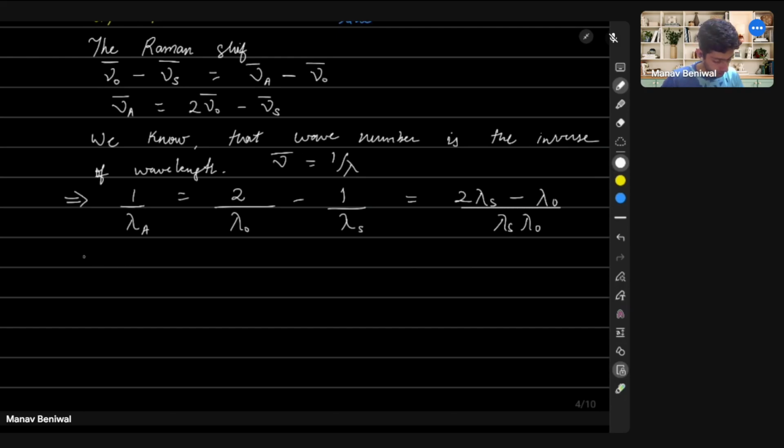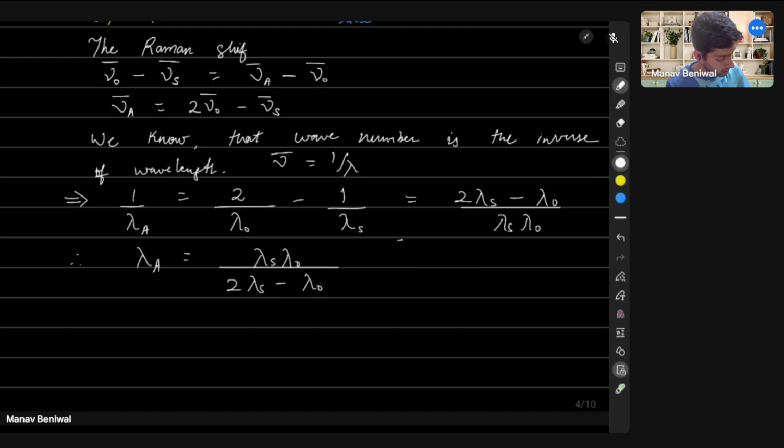Therefore lambda a is nothing but lambda s lambda naught divided by 2 times lambda s minus lambda naught.